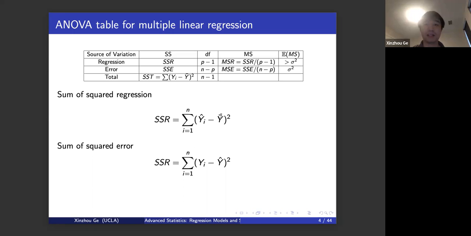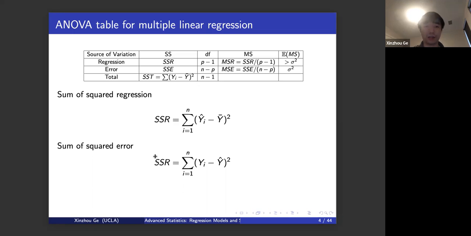This is the result from the worst model, and y hat will be the result from our model. So this is the difference between the worst model and our model, and this explains the part which can be explained by our model. So it is called sum of squared regression. It is how regression improves the model prediction.